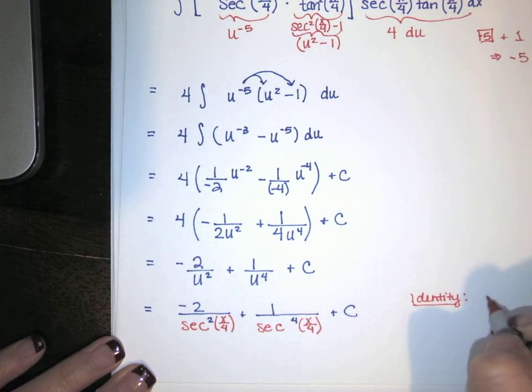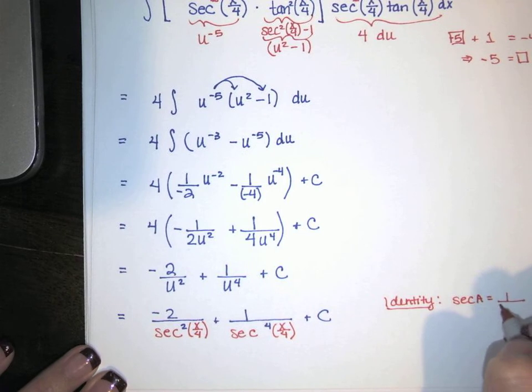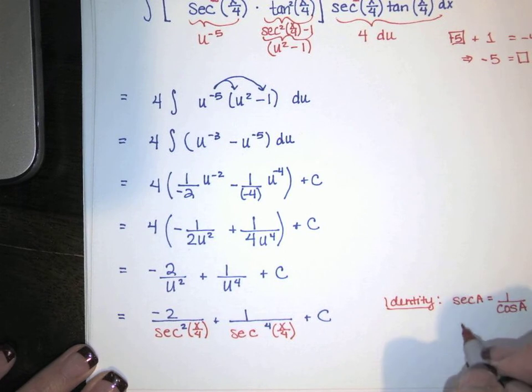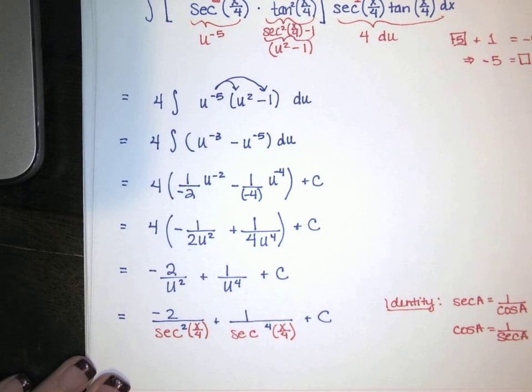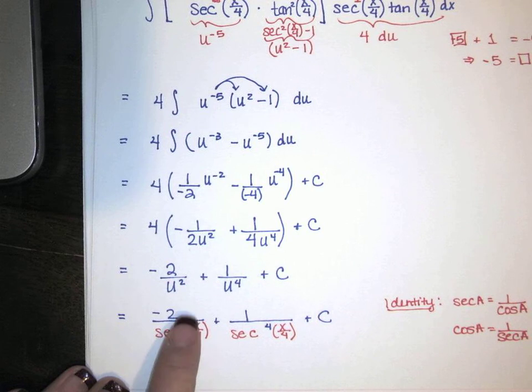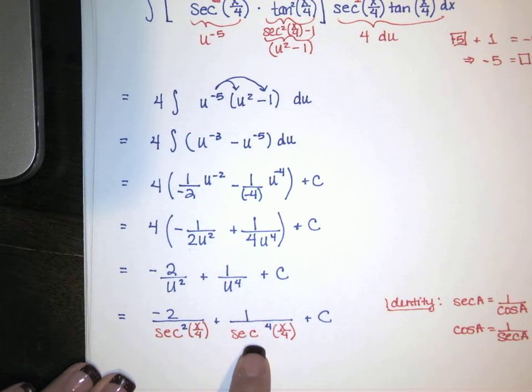Do you remember that secant of an angle is just 1 over cosine of that angle? Well, I could flip those. I could multiply by cosine and then divide by secant, and I'd get cosine of the angle is 1 over secant. Same thing. So this secant squared that's in the denominator can be brought up to the numerator. 1 over secant squared is actually cosine squared. And 1 over secant to the fourth is actually cosine to the fourth.